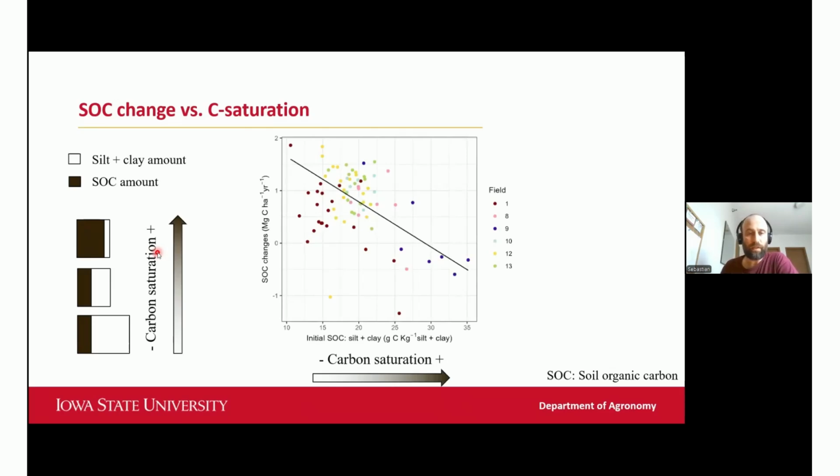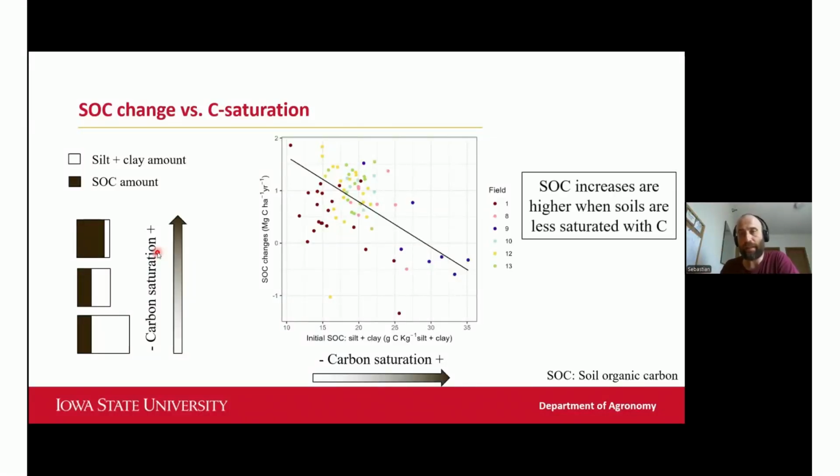And when we look at the relationship between the carbon saturation and the soil organic carbon changes, we found this negative relationship or correlation. What this means is that the soil organic carbon increases are higher when the soils are less saturated with carbon.